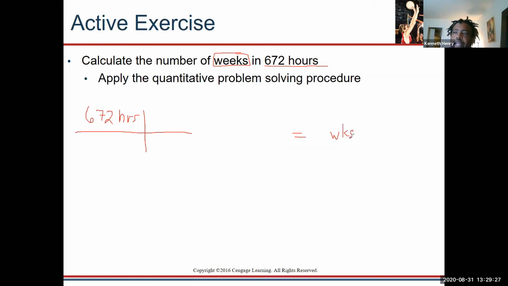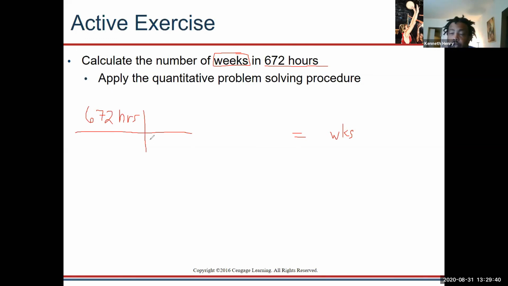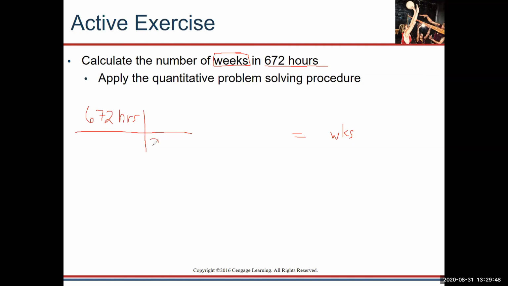Okay, so what do we know about hours? What are some equivalencies that we can use for this? 24 hours in a day. Okay, 24 hours in a day. So am I going to put the hours on top or hours on bottom? On the bottom. Okay.